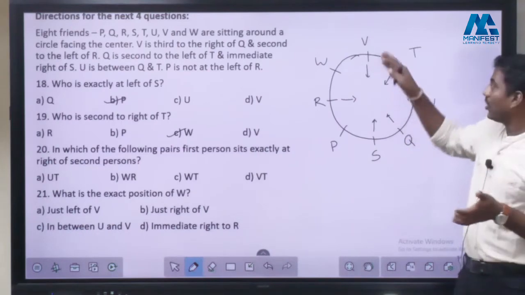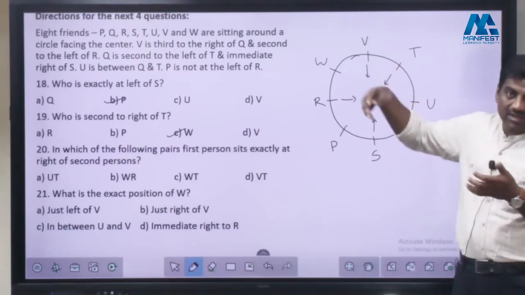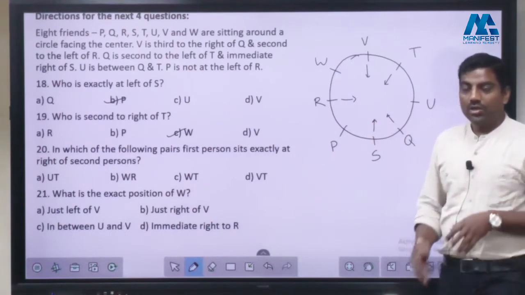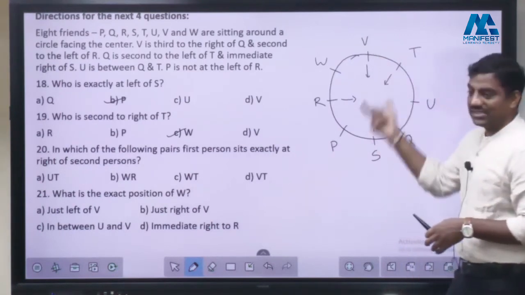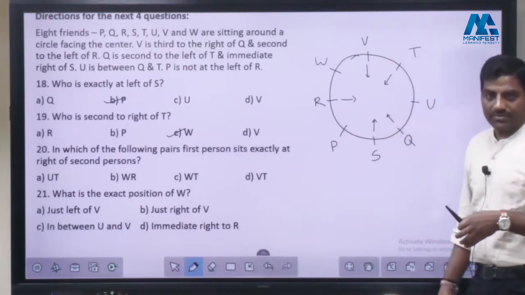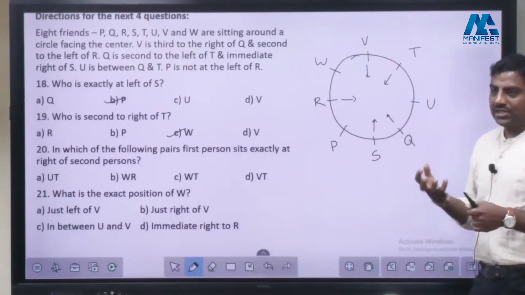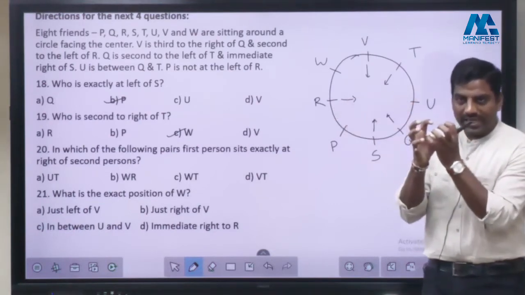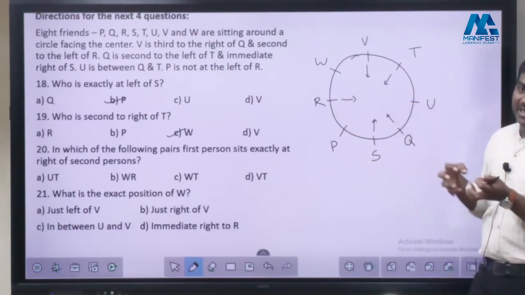You should imagine for V and T. V is to the right of T. That is why V and T are right here. Yes or no? Don't take them and fit in like this. That is not correct. Take the first person, keep that person to the right and the second person to the left. Take these two hands and try to fit them in.